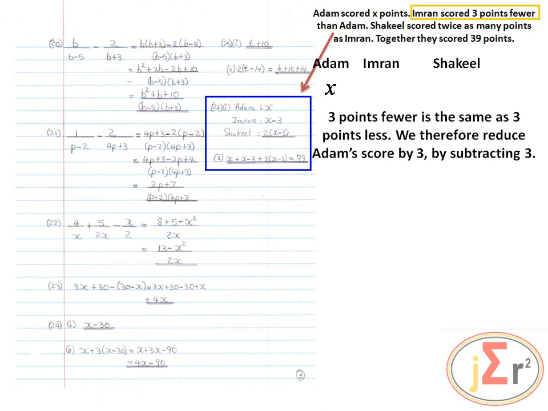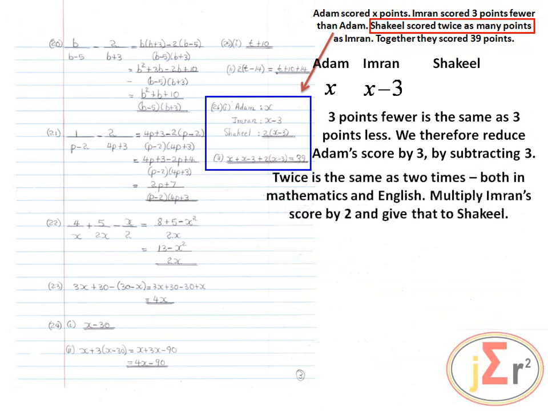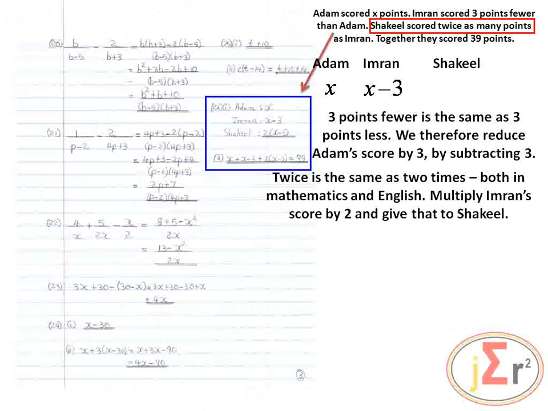So 3 points fewer is the same as 3 points less. We therefore reduce Adam's score by 3 by subtracting 3. Shakil scored twice as many points as Imran. Twice is the same as 2 times, both in mathematics and English.